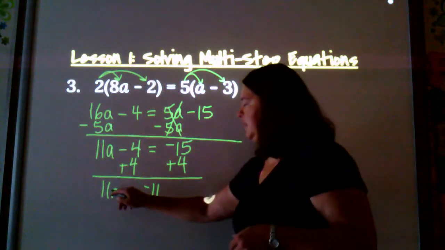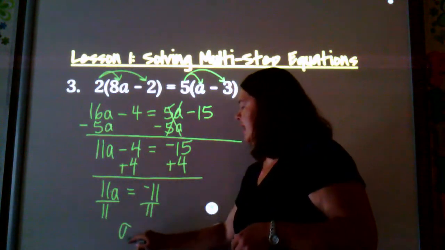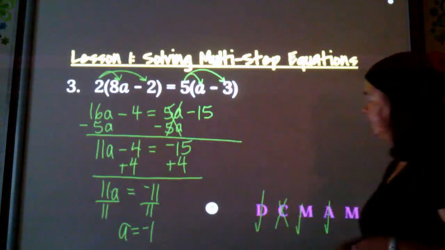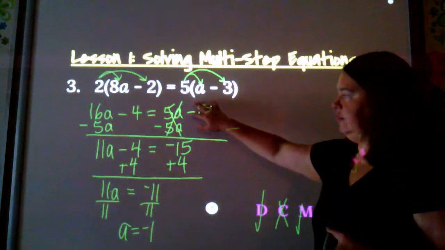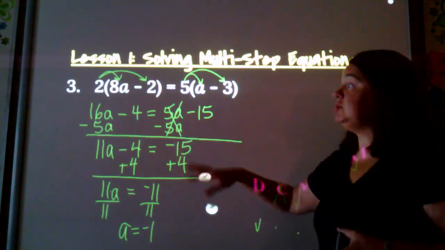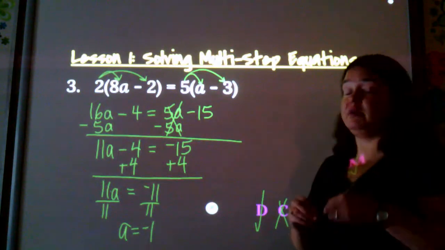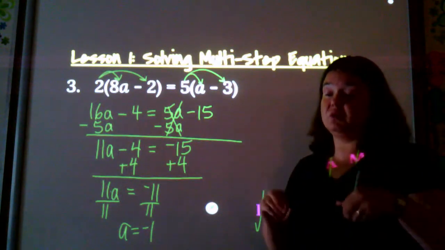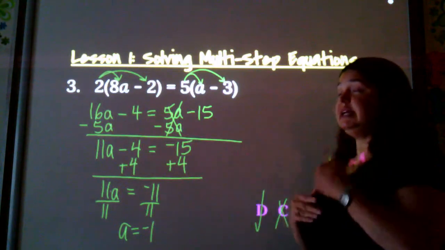And then there's multiplication here, so I will divide by 11, a equals negative 1. So watch out for that. Don't lose that negative on that 15. Make sure you don't lose your variable. Make sure you're being very, very careful and paying close attention to detail so you don't lose anything. It's one of those things you're going to have to double check each line.